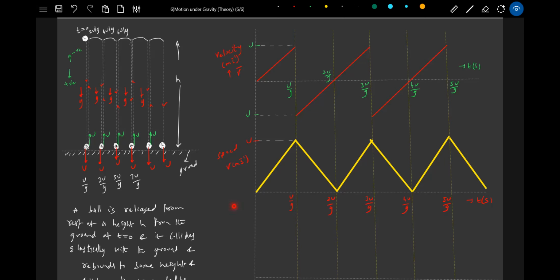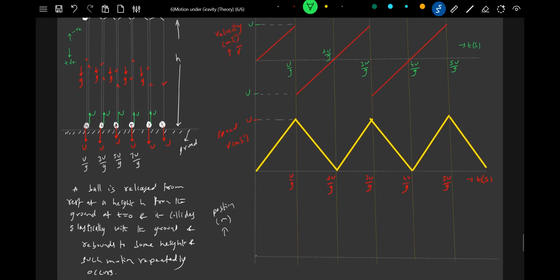What about the position versus time graph? It was a test, so therefore the position versus time graph will be a little bit okay.